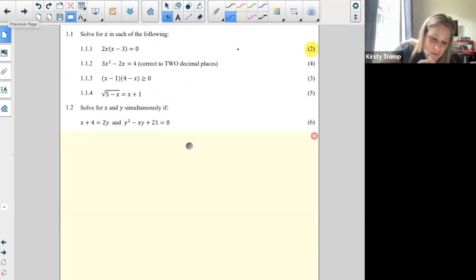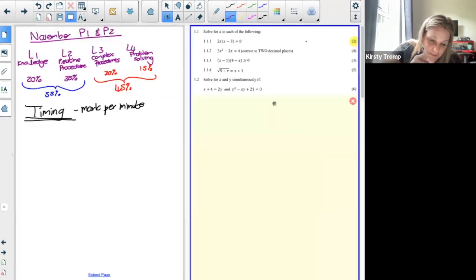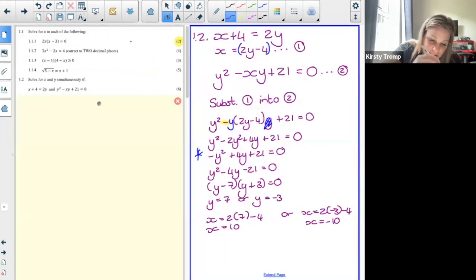Let's have a look at our next one. So that was our simultaneous equations. Again, my tip to you guys when you're practicing is to use a system. My system is I write my equations down, I leave a space between the two, and I look to see which one is the easier one to isolate a variable. What does isolate mean? Put it by itself.